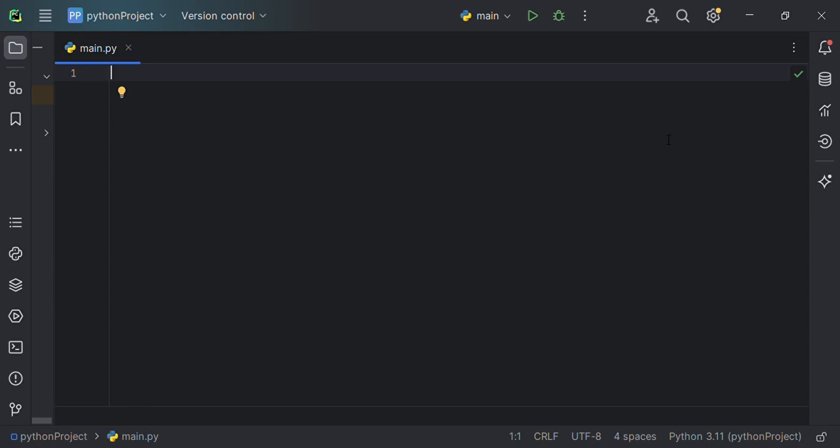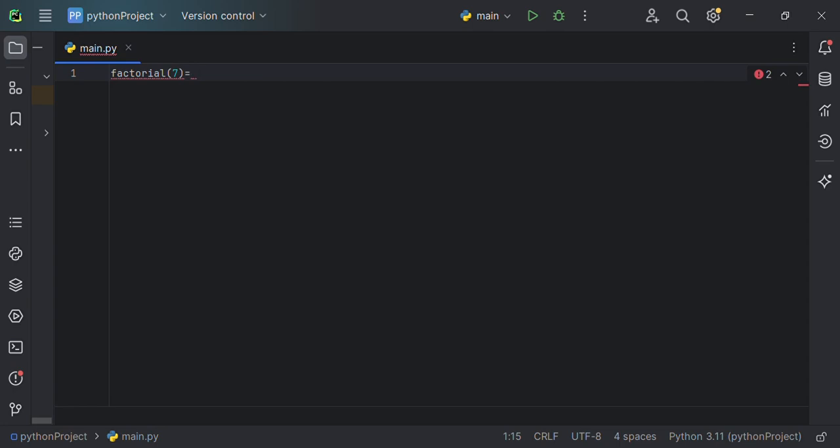I'll tell you where and in which scenarios this is used. For example, suppose I talk about the factorial. Factorial of 7. If you have studied or practiced math somewhat, you can understand this very easily.